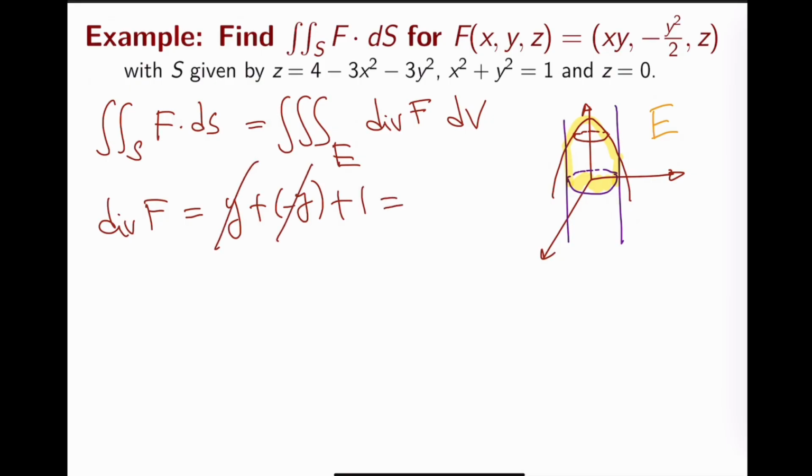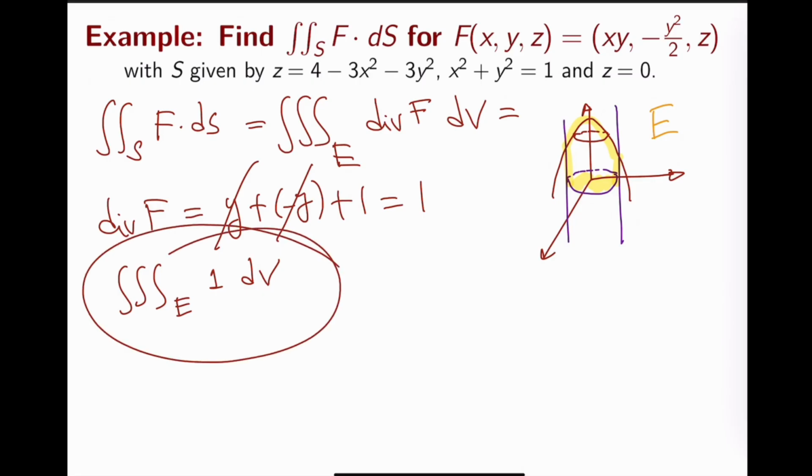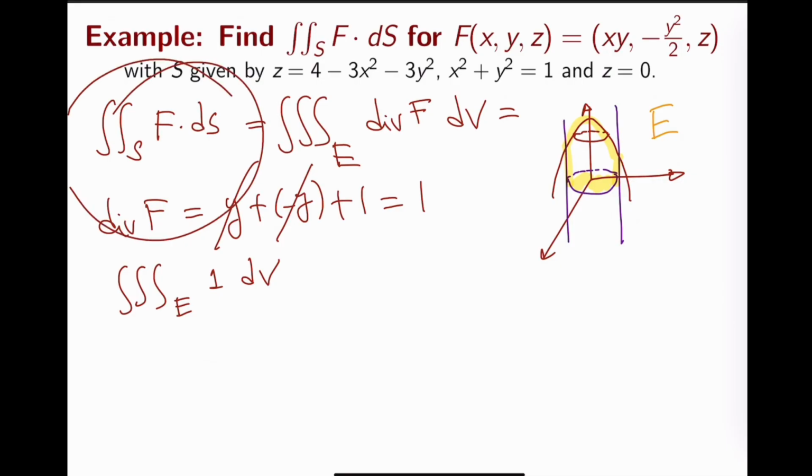And so y minus y is 0, so it's 1. The divergence of this vector field is a constant function. And so all we need to calculate is the triple integral over this solid of the function equal to 1. This is the integral we need to calculate to get the value of the surface integral.